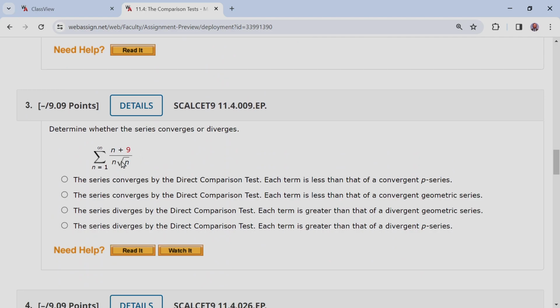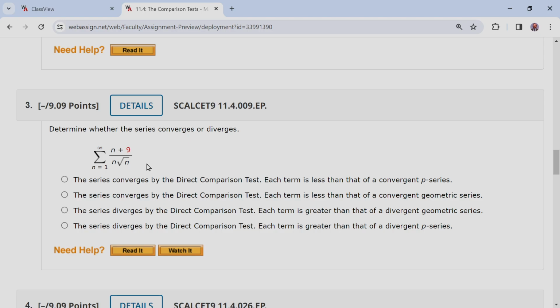Determine whether this series converges or diverges. Well, here, we could use a direct comparison test. Note that 9 that's upstairs. If you took that 9 away, you'd have a new series that had smaller terms. And that series with smaller terms would simplify because the n's would cancel, and you just get 1 over root n.